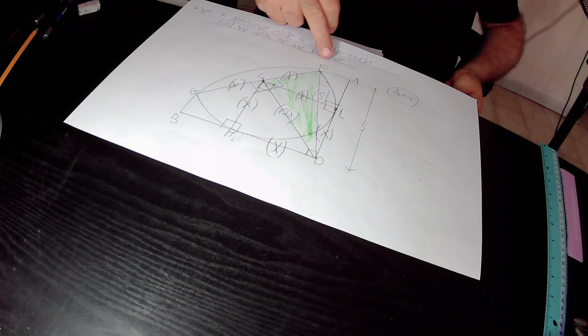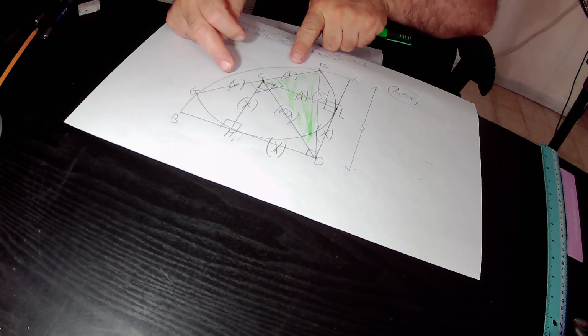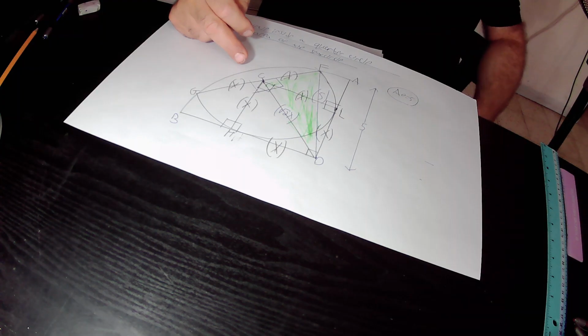Therefore, CF equals CG. They are both the radii of this semicircle, so each of them equals x.